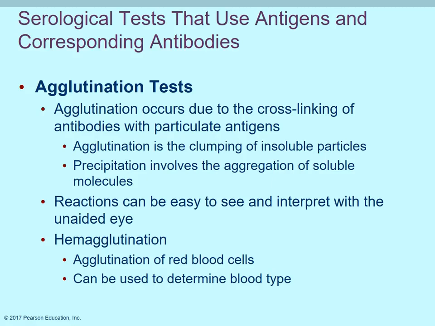Agglutination test is very similar to precipitation. The difference is precipitation is dealing with soluble molecules. Agglutination deals with insoluble molecules. So once again, you can easily see this, so it's easy to read. Hemagglutination is when you're working with red blood cells.